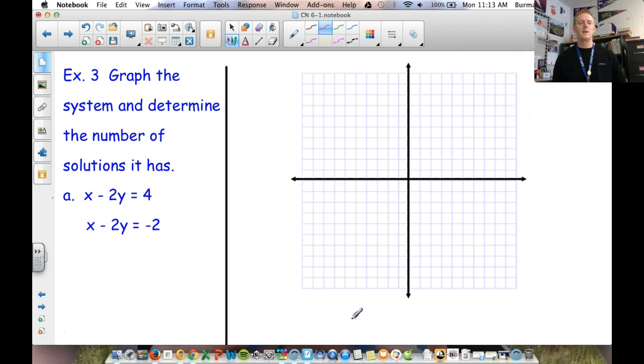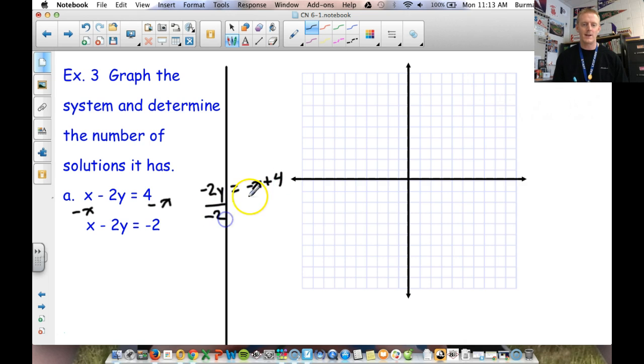Example number 3. Graph the system and determine the number of solutions that it has. All right, so again, we're going to make it say y equals. So we're going to have to do that first. So on our first equation, we're going to subtract an x, and we're left with a negative 2y is equal to a negative x plus 4.